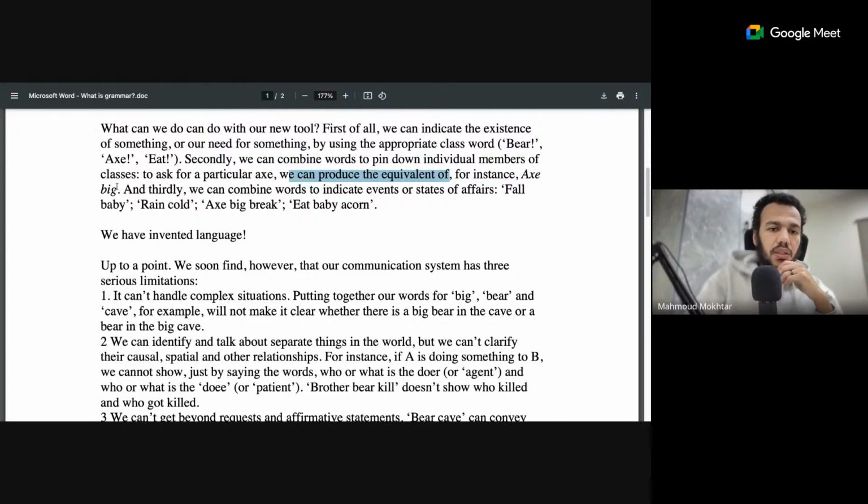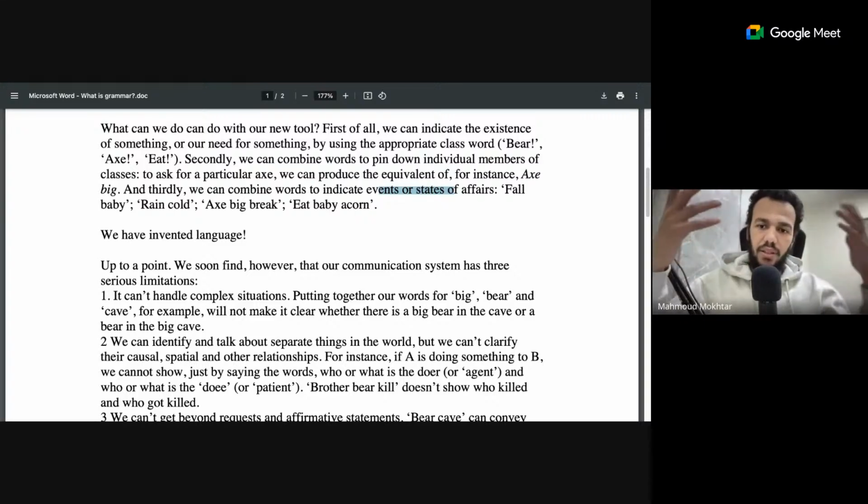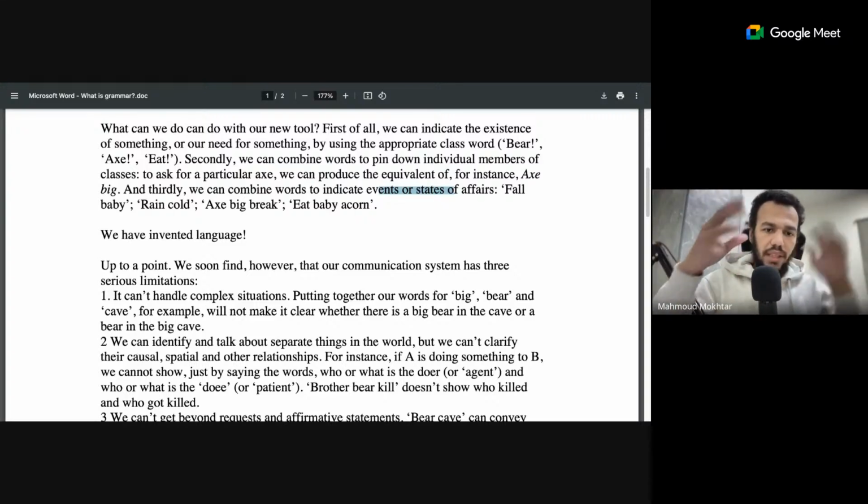Okay, so X big, which one? And thirdly, we combine words to indicate events or states of affairs. Okay, not all axes. We need X big, the big X in developed language. X big. Okay, I can say fall.